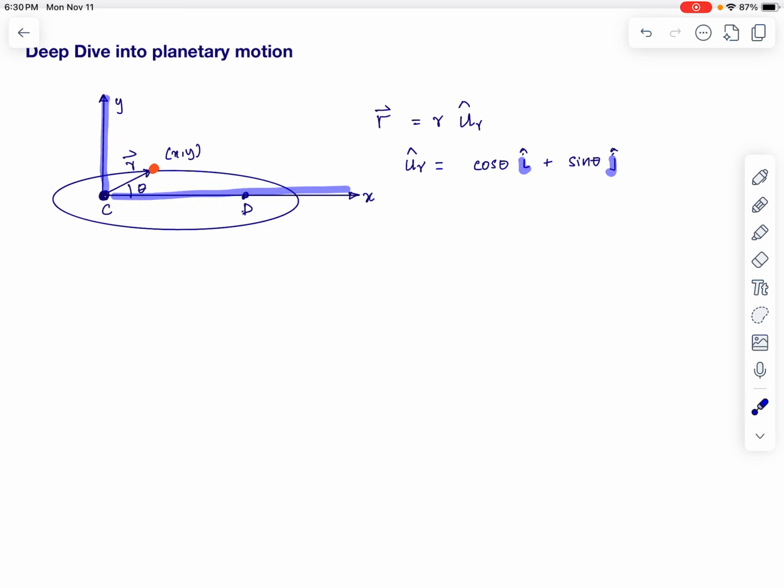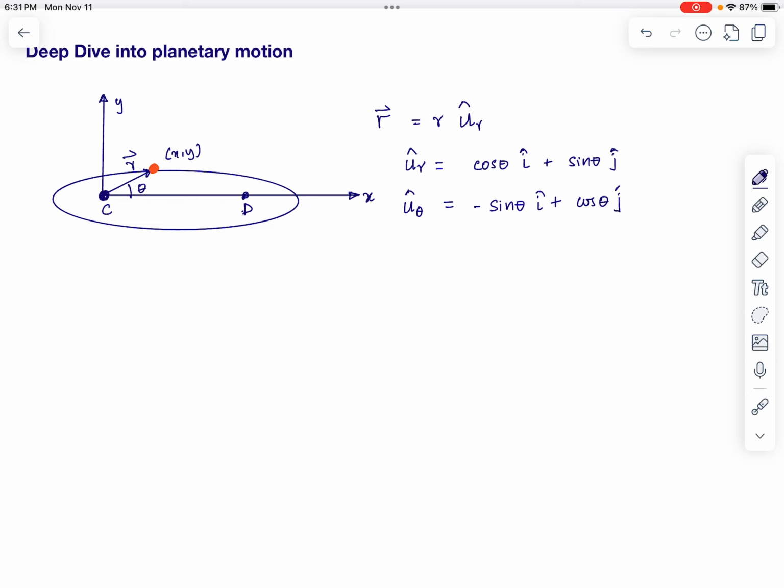And here is u theta, a unit vector along the theta direction. u theta is perpendicular to ur, so you can write this as minus sine theta times i hat plus cosine theta times j hat.